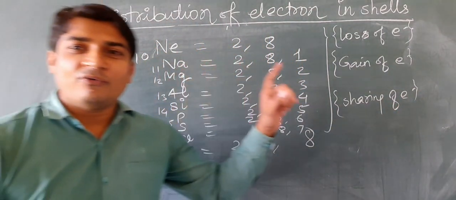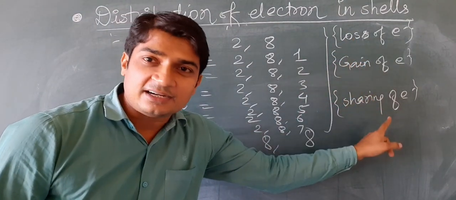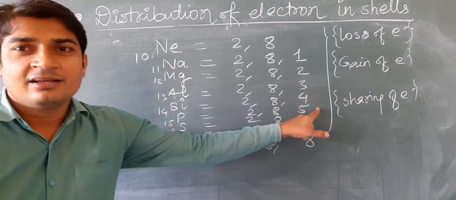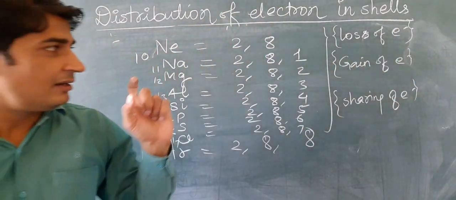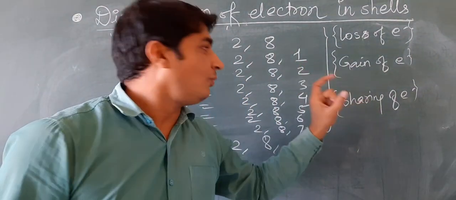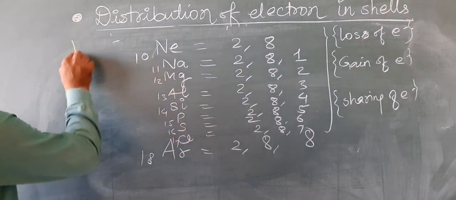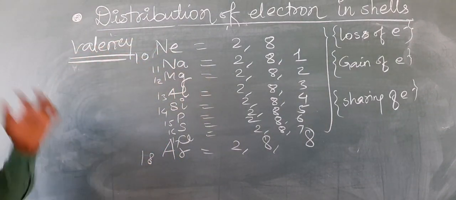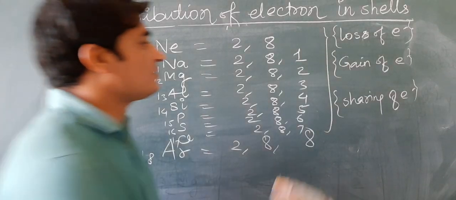The number of electrons lost, gained or shared by an atom to complete its octet is known as valency. Okay, so how can we calculate the valency? Let us find out.